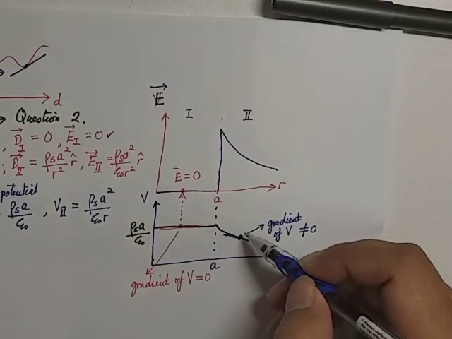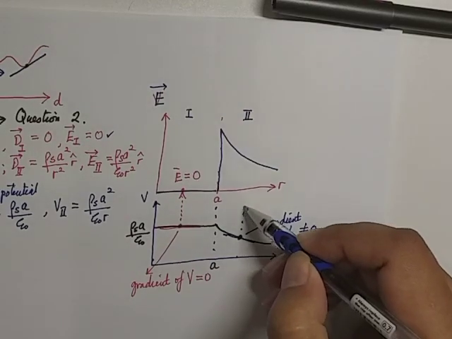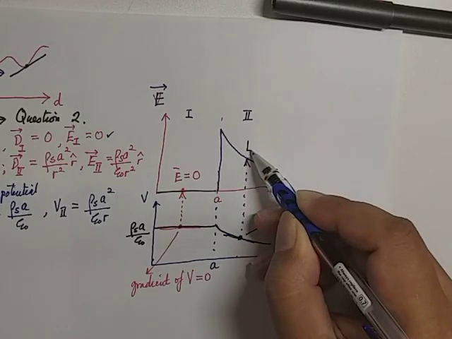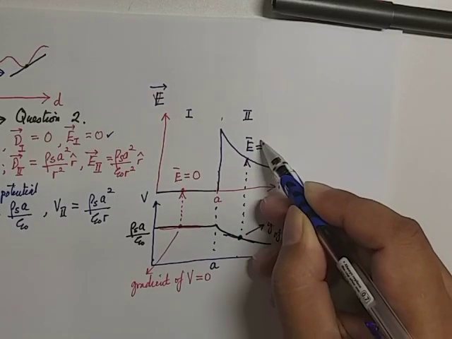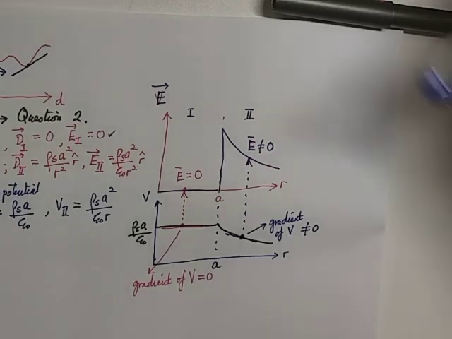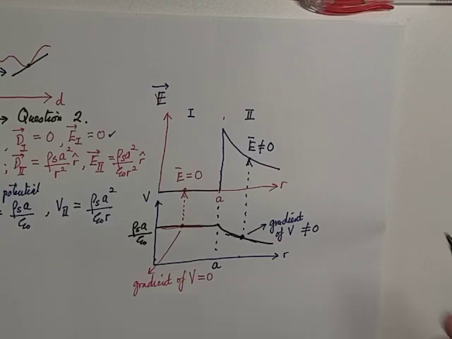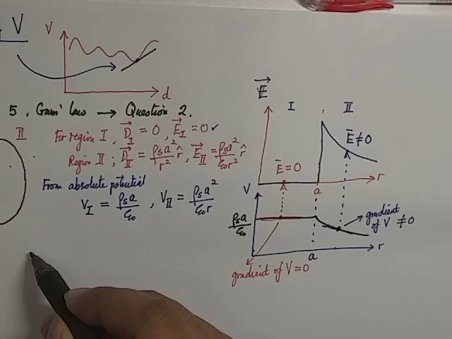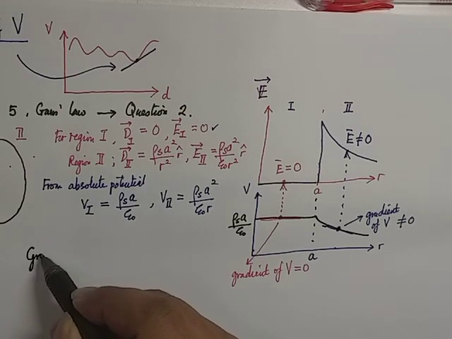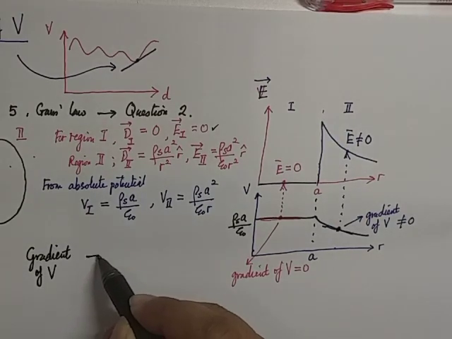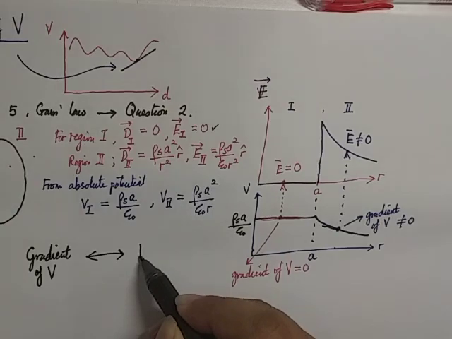And by comparing at the same value of R on the E graph, we can see at this position, the value of E is not equal to 0. From this observation, the conclusion that we can make is very simple: there is a correlation between the gradient of V and the electric field.